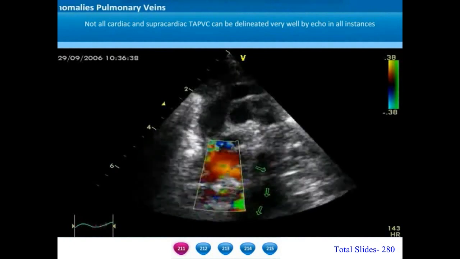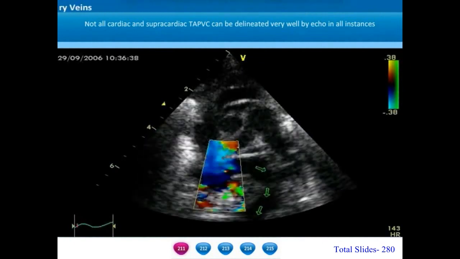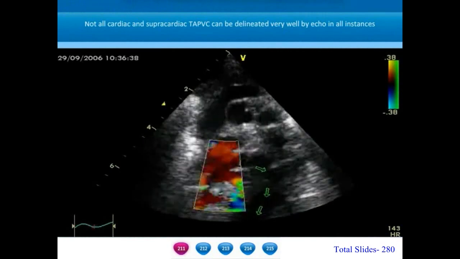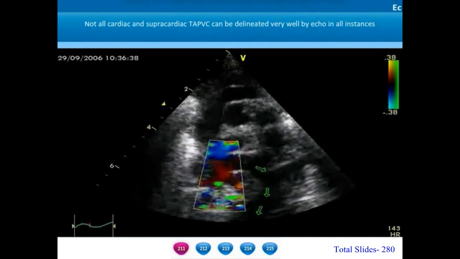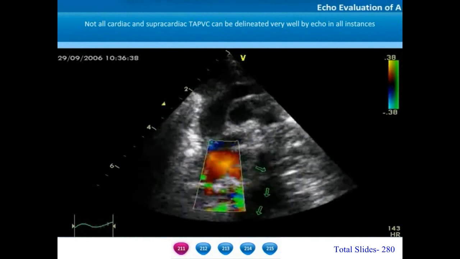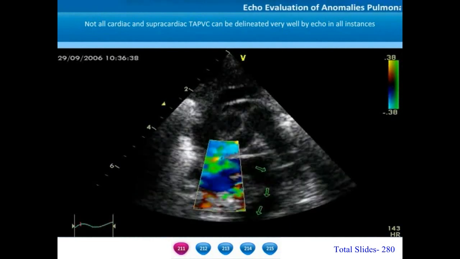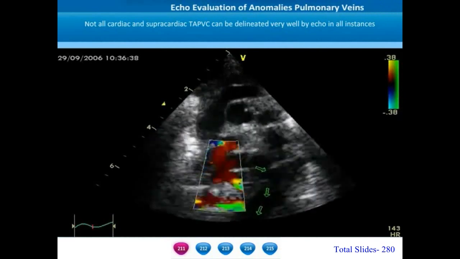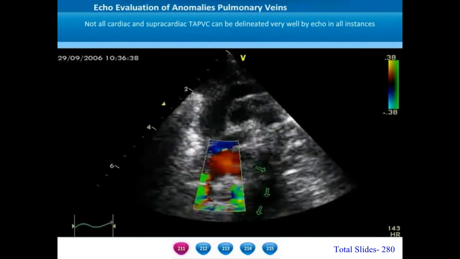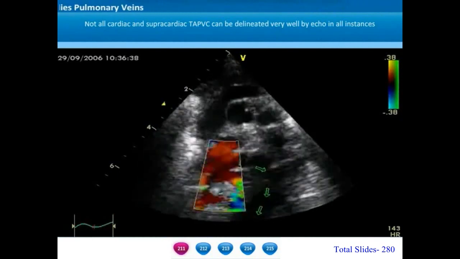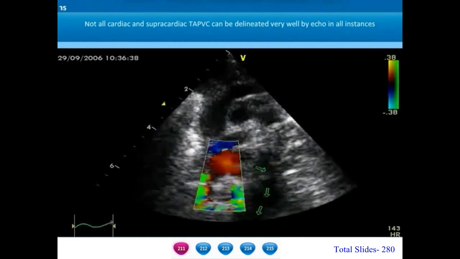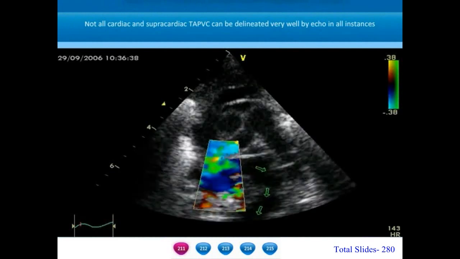However, all patients with cardiac and supracardiac TAPVCs cannot be delineated by echo alone. In this example, from the suprasternal view, we appreciate all the four pulmonary veins converging into a common chamber. And from the common chamber, there is a vertical vein that courses downwards.